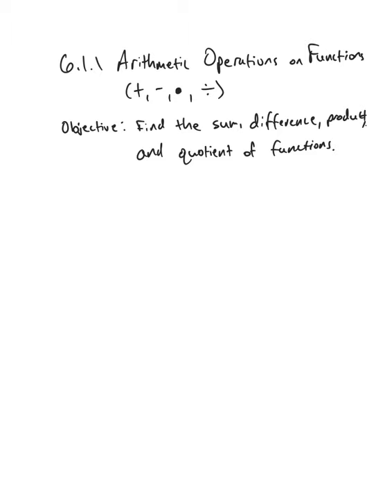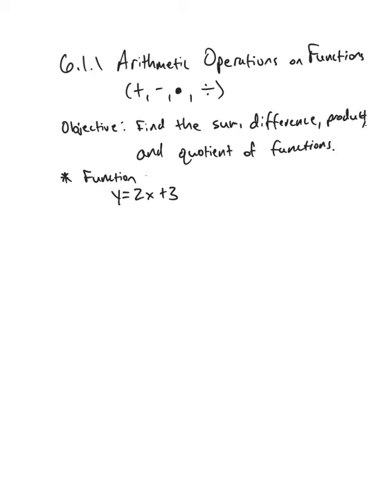Function notation, you've heard that word already a lot. As a reminder, in Algebra 1 we use y equals 2x plus 3, where y is the range, x is the domain.